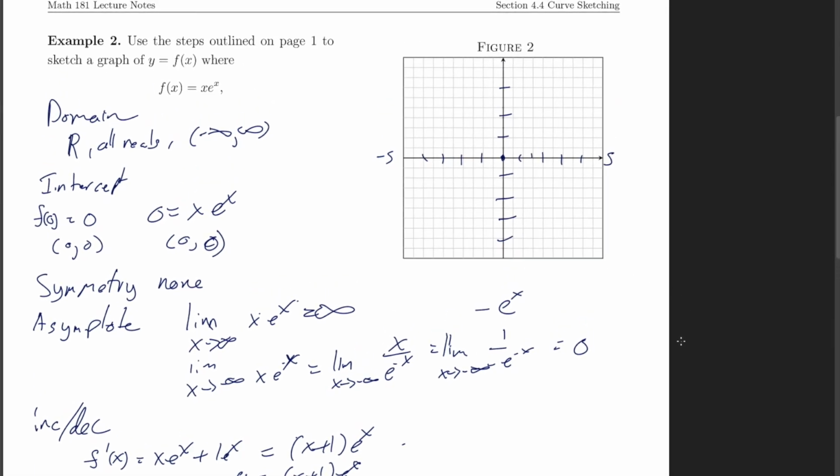So let's look at this. So here we have a point here. I know at -1, I'm at a local min. So somewhere here would be a local min. And then here I have some point of inflection.